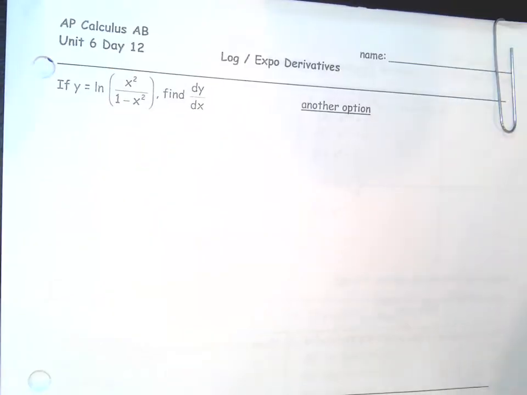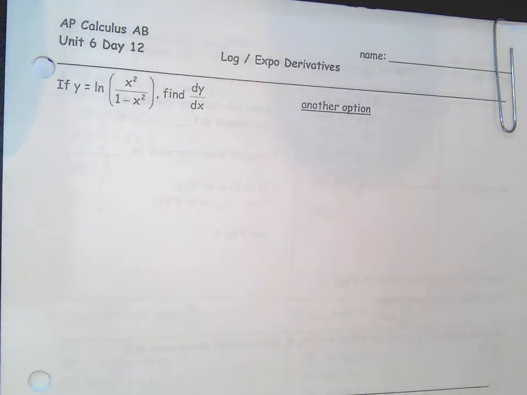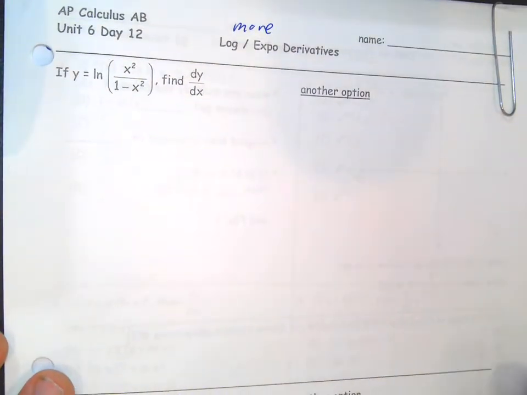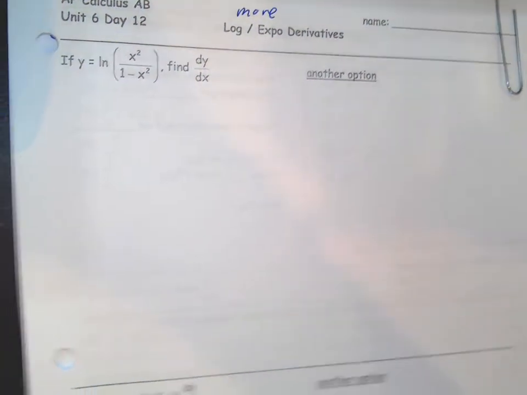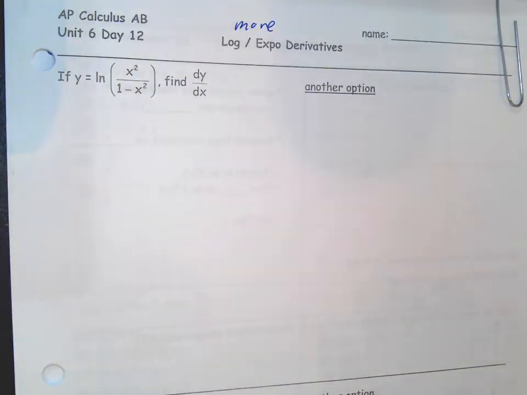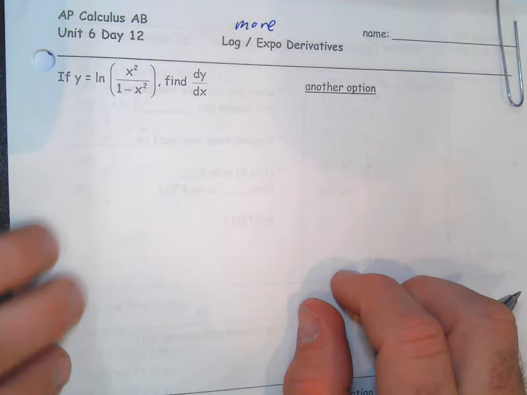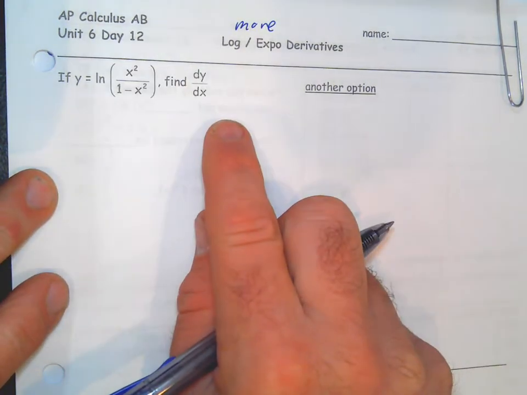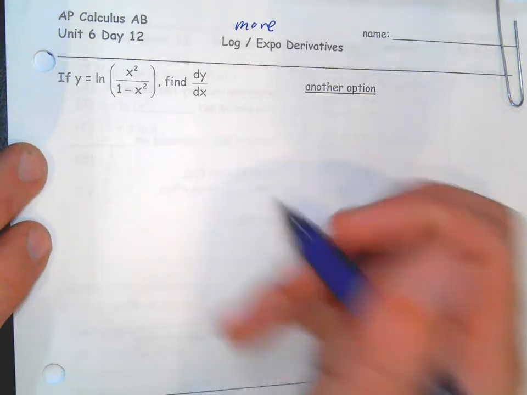So this is just a quick one with a little extra log and exponential derivatives, which we've already learned this unit, but just to get a little more practice with, show you guys some tricks to try. If we were to just take the derivative here, it would be kind of tough.